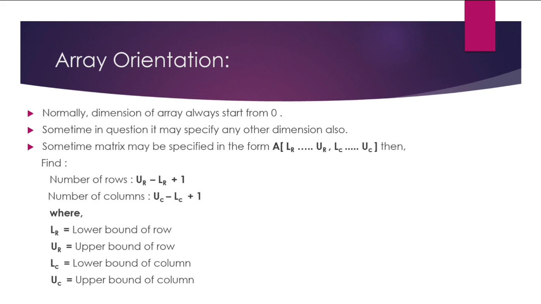But sometimes they change the orientation, the look of the array. They give values in this format: lower row, upper row, lower column, upper column. Then you have to find the number of rows and columns with the help of the formula. UR minus LR plus 1 gives the number of rows, M, and UC minus LC plus 1, upper column minus lower column plus 1, gives the number of columns.